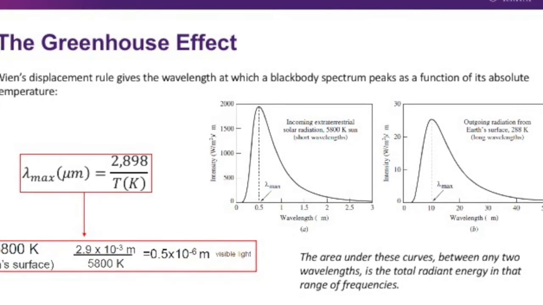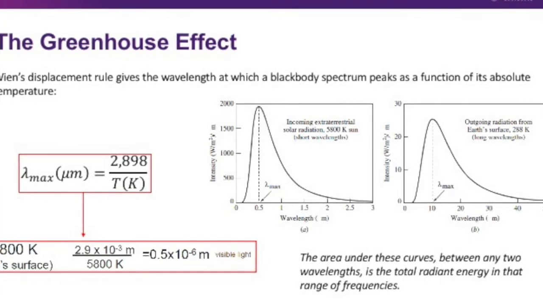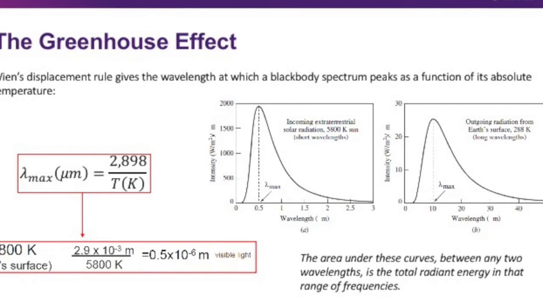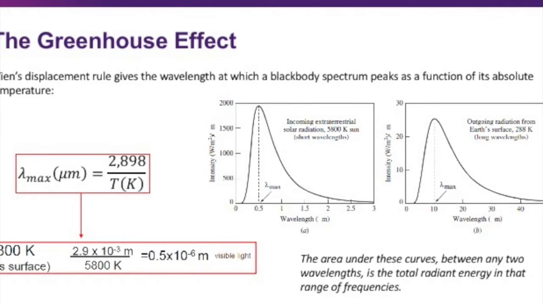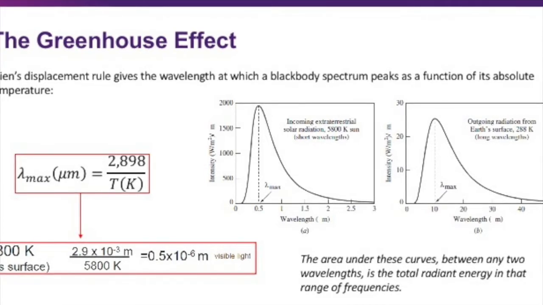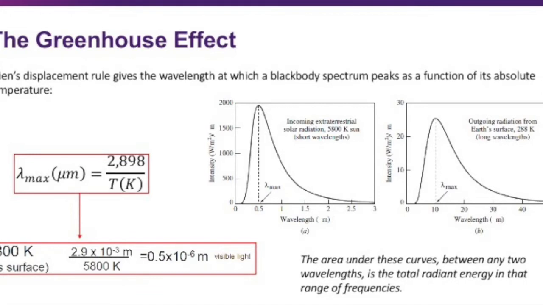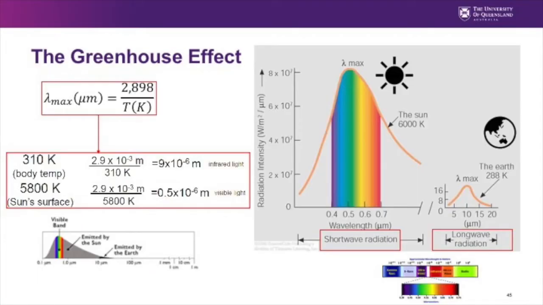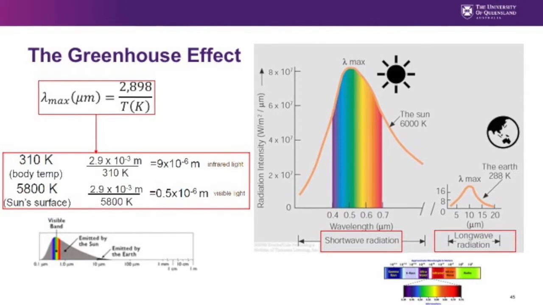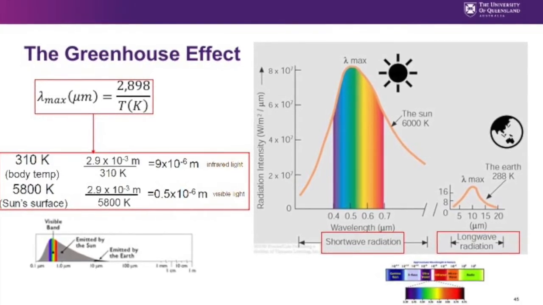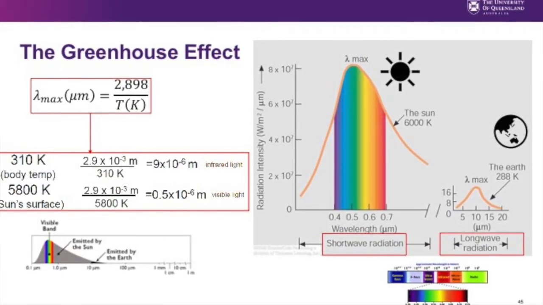So notice nearly all the incoming solar energy as it arrives just outside the Earth's atmosphere has wavelengths less than 3 micrometers, while the outgoing energy radiated by the Earth has essentially all of its energy on wavelengths greater than 3 micrometers. So with so little overlap, it is convenient to speak of solar energy as being short wavelength radiation and Earth's surface as long wavelength radiation or thermal radiation, right?